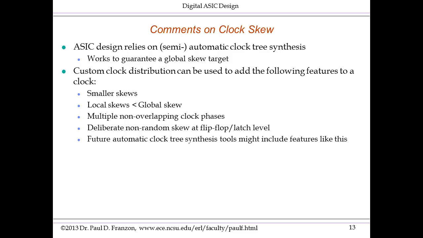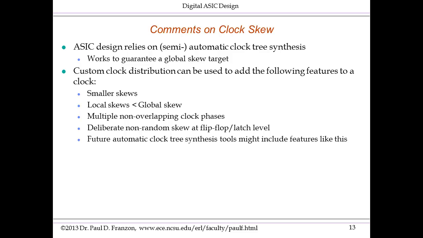However, it does work to guarantee a skew target. So you specify a skew target, and the tool tries to achieve that skew target. If you need to relax it, then you reiterate on the process.